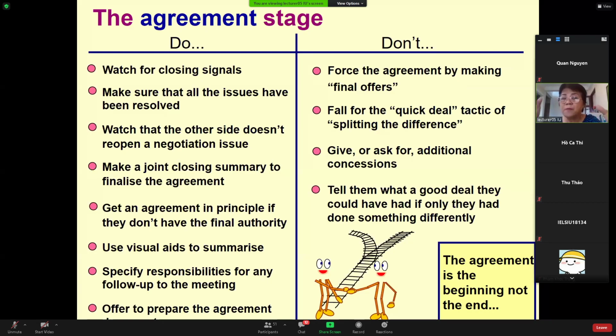And they don't have to get the final authorization before confirming the final acceptance or not.